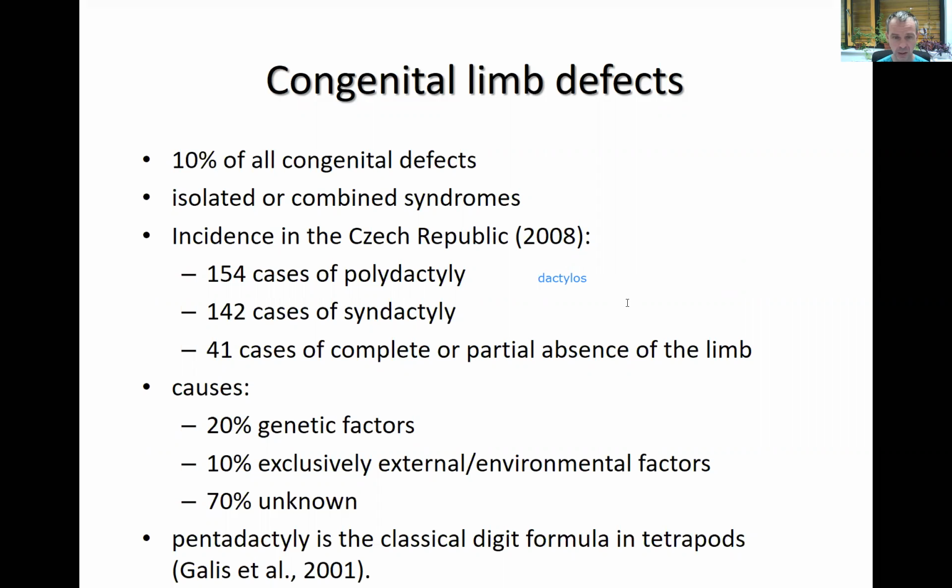And the causes are genetic, environmental, but mainly they are unknown.